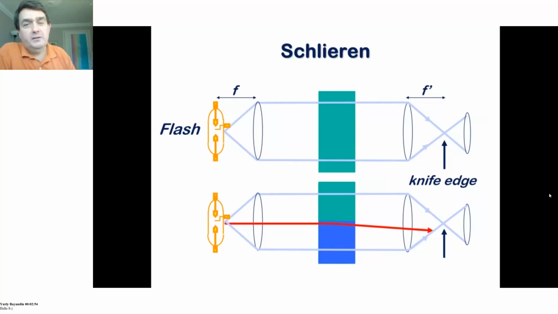So what we have in Schlieren is a similar setup at the beginning. We have a flash lens sample, but on the other side, we now have a second lens, which is focusing the light down to a point, and then a third lens to again expand that light out and make it more columnar. And what happens is that we introduce a knife edge to remove approximately 50% of the light intensity.